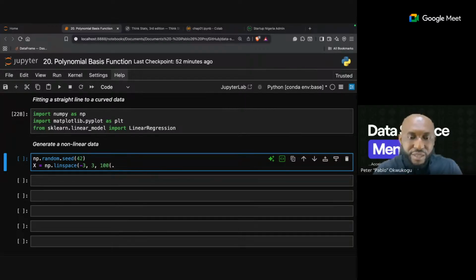Then we have to reshape the data so that it mirrors the number of samples and the number of features. So I'll use the reshape method.